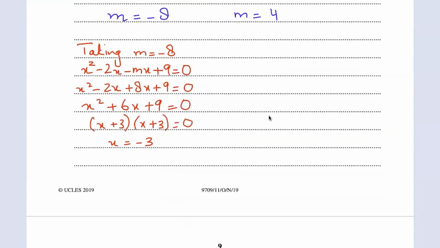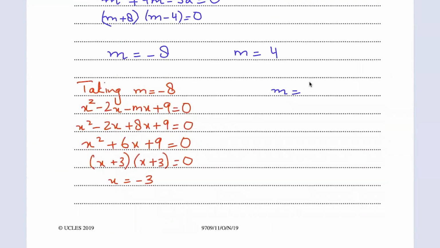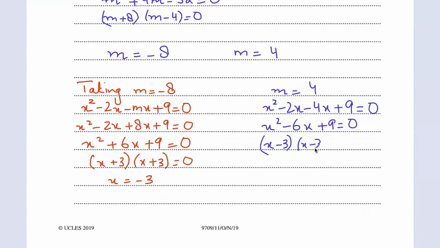Now taking m is equals to 4, our equation will become x squared minus 2x minus 4x plus 9 equals to 0. Factorizing this, we'll get x minus 3 and x minus 3. So our value of x when m is equals to 4 will be x equals to 3.